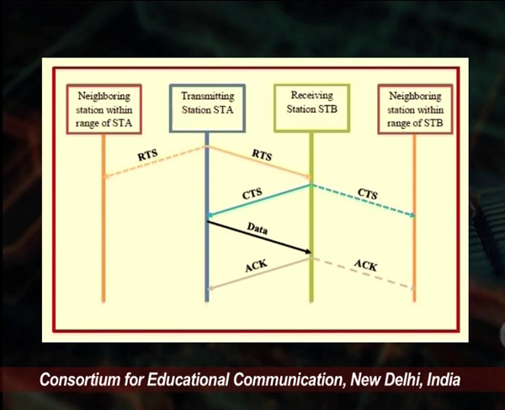Then on receiving this CTS, station A transmits the data, the data is received at B, and then B replies back with the acknowledgement, in the form of ACK. So, this is the figure of the functionality involved in MACA and the RTS CTS functionalities.